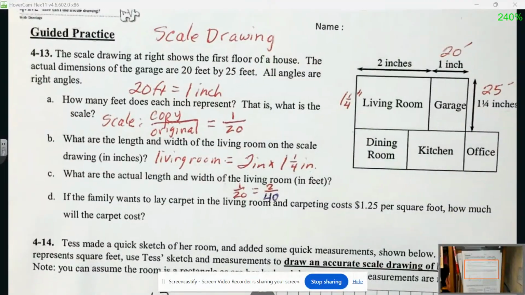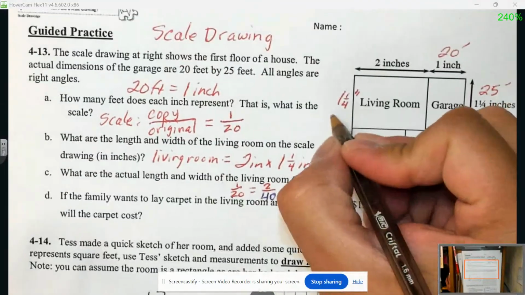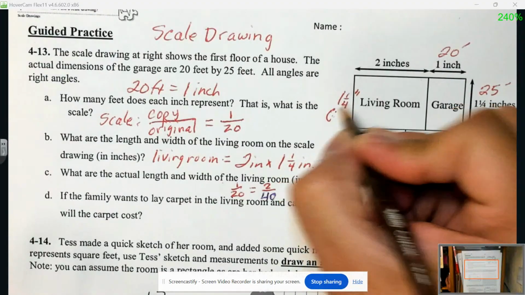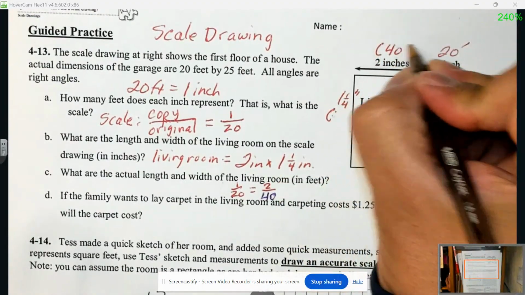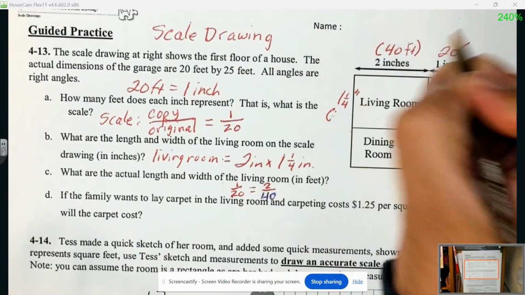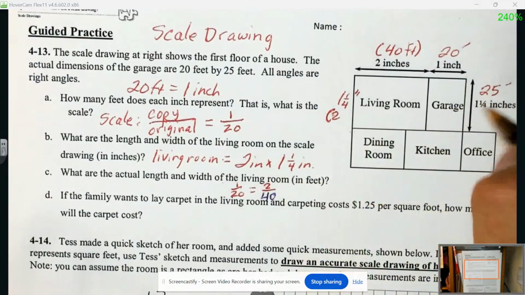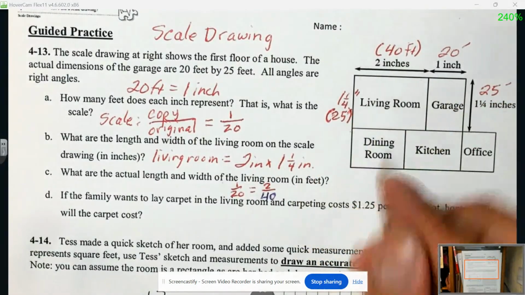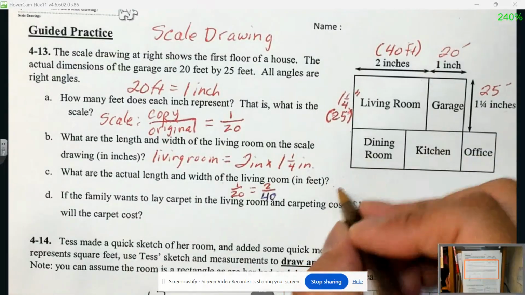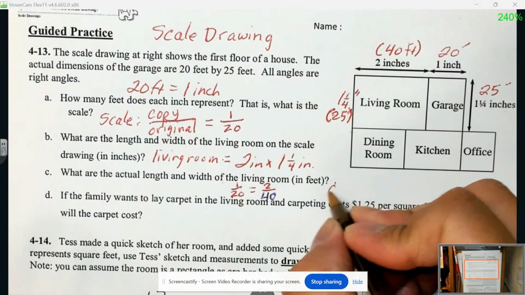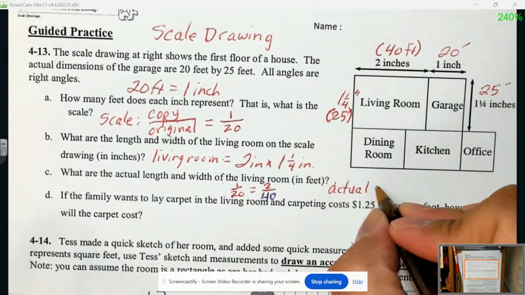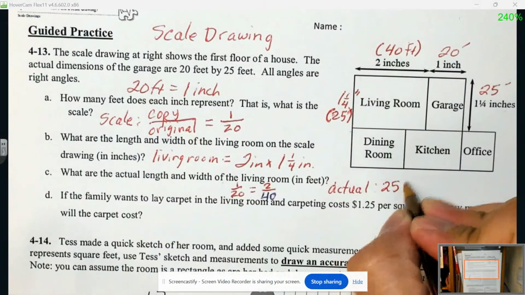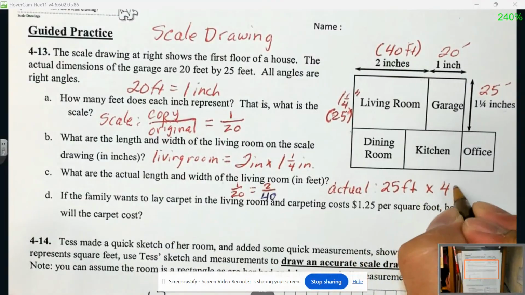Right, so that means that the length is 40 feet. And then the width, since we know this is 25, we know this is 25 as well. 25 feet. Okay, so the living room in actual feet is 25 feet by 40 feet.